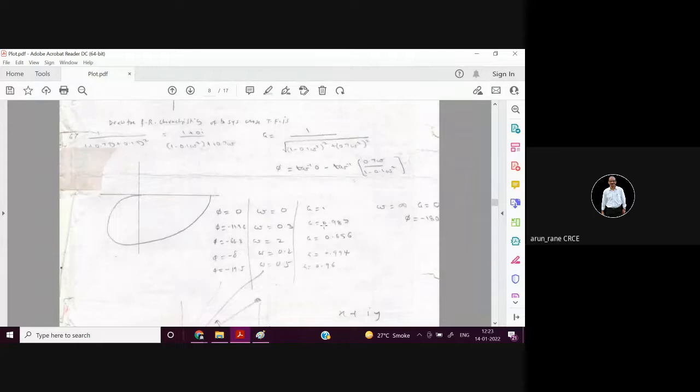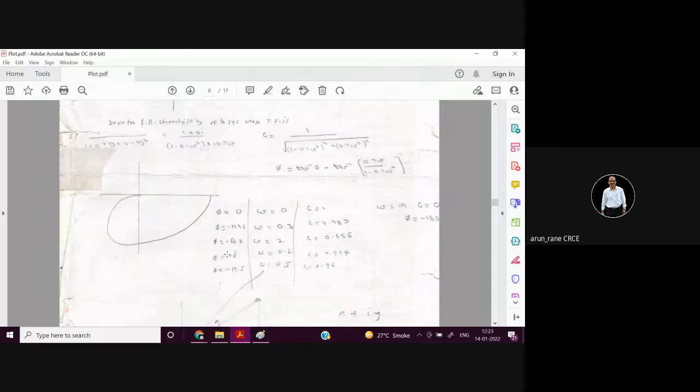Then you substitute omega 2, and like that. And now you plot. Now draw the line of phi equal to 0, then phi equal to 11.96, then 66.8, then minus 8, minus 19.5, like that. Now on that you go on marking g equal to 1, g equal to 0.987.